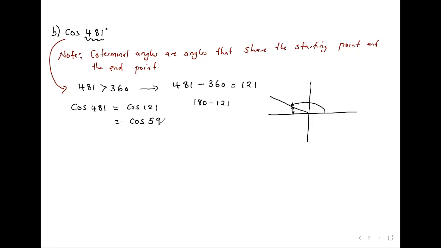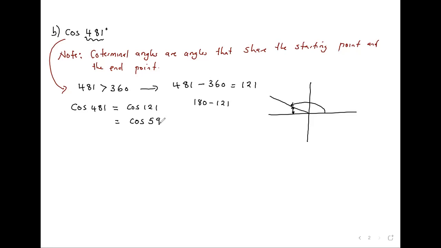But when you get reference angles, you must be careful of the quadrant. This 59 comes from the first quadrant, and yet it's a reference angle of an angle in the second quadrant, where cos is negative.